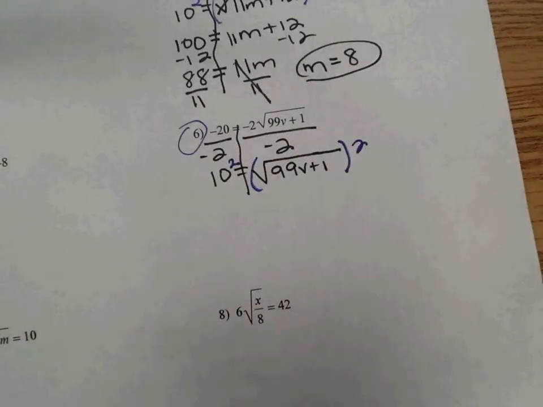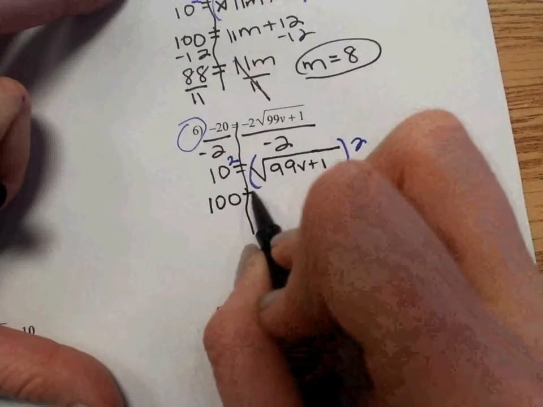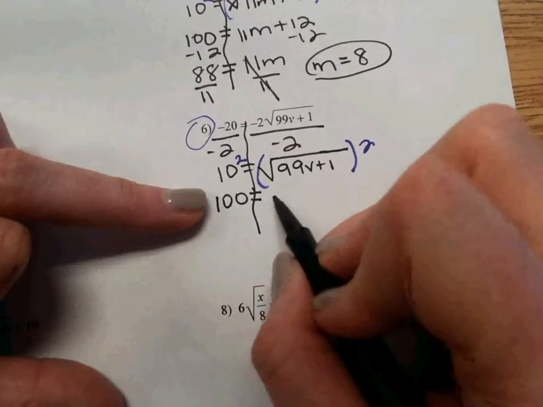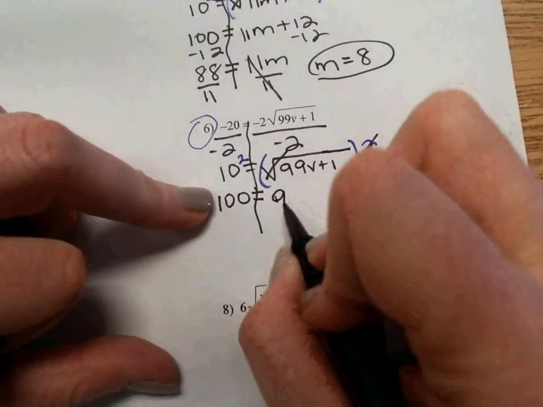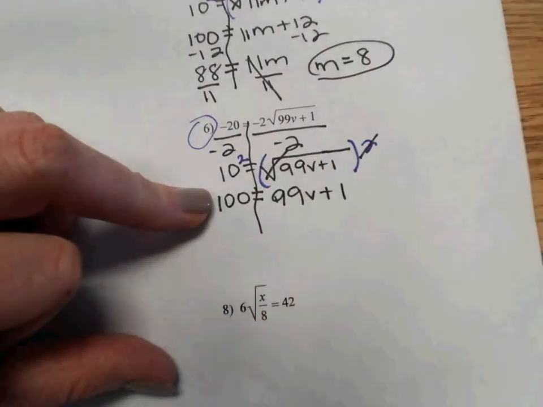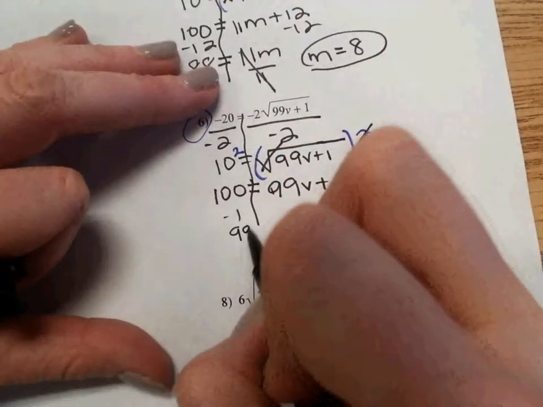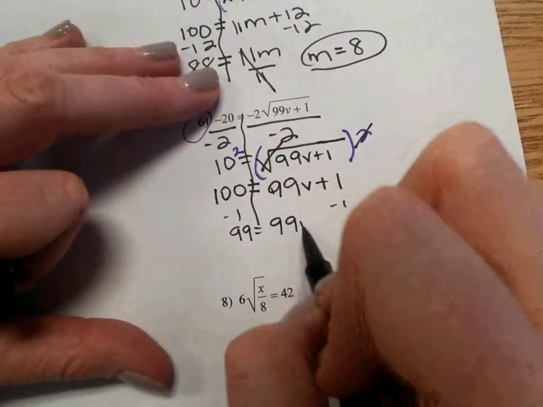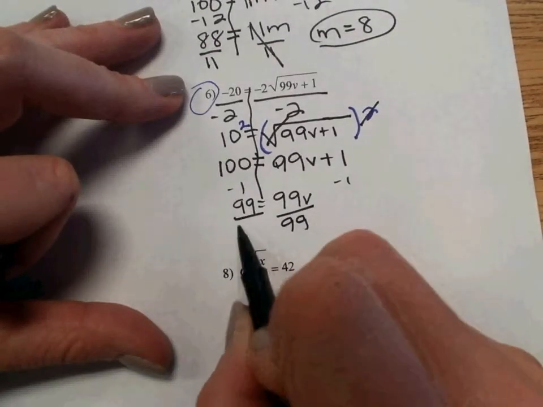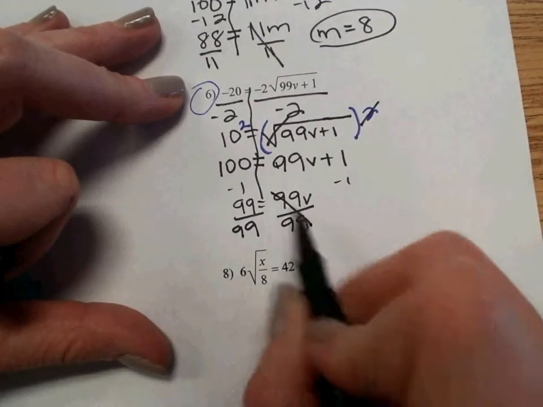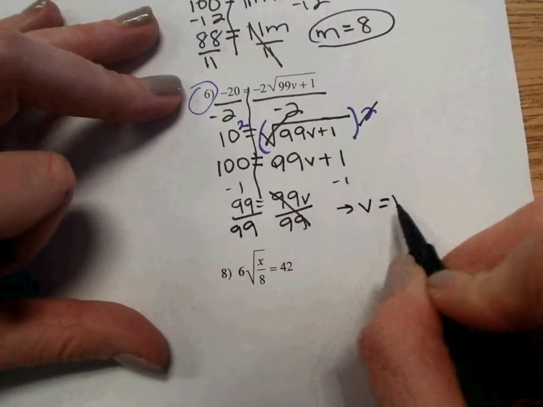So then we have 100 equals, squared cancels out with the radical, 99v plus 1. Subtract 1. 99 equals 99v. Divide both sides by 99. 99 divided by 99 is 1, so v equals 1.